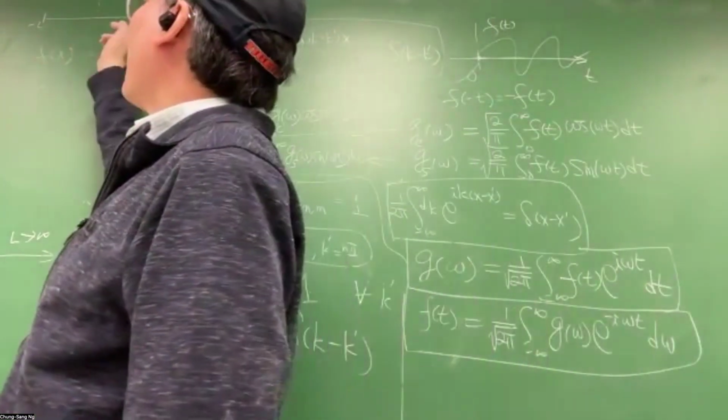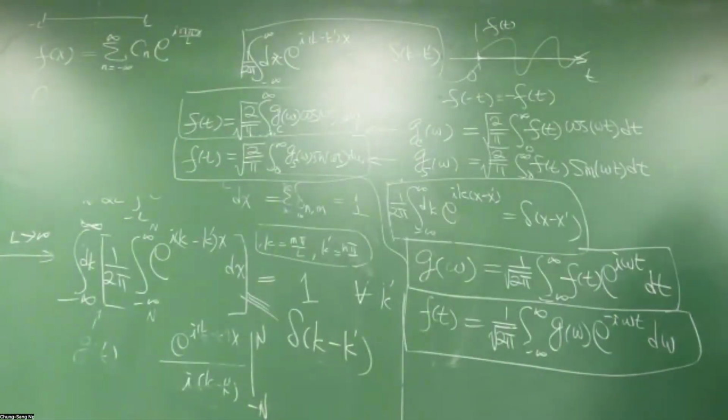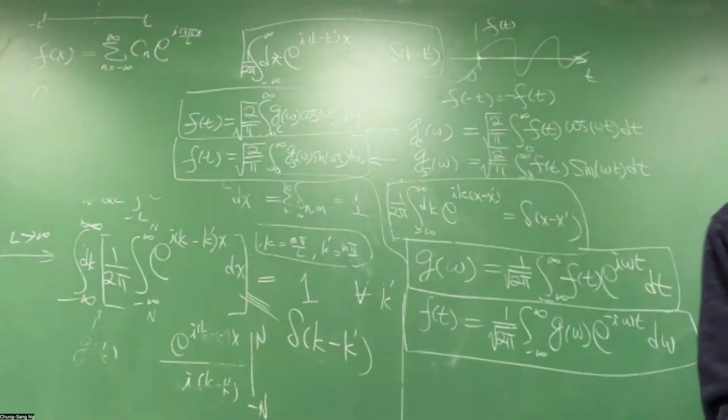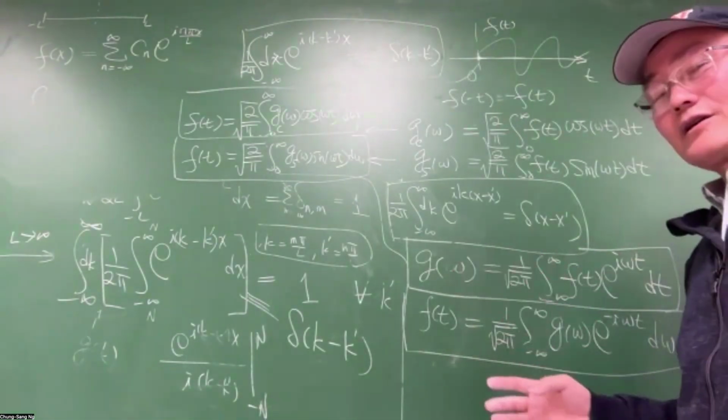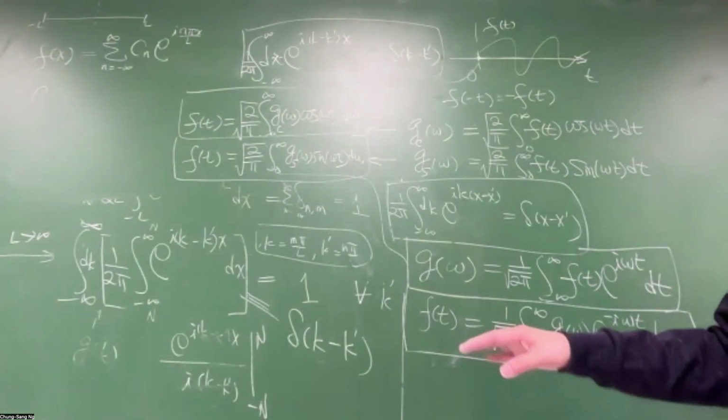And last time we talked about how, over a finite domain, if you have a function, you can do all three series: a Fourier series, a Fourier cosine series, and a Fourier sine series. All these series are complete series, and they're all valid.